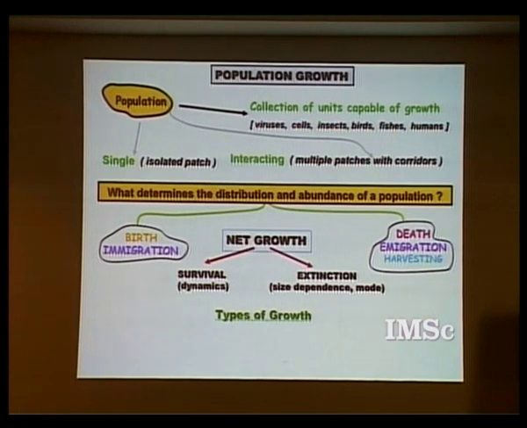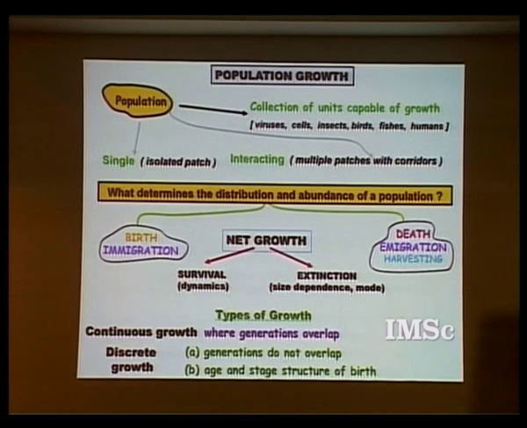Now, before I show you what we do, there are two types of growth that people talk about in ecology. One is continuous growth, which we know more about, because we all live it. You have grandchildren, parents and grandparents coexisting, which is called continuous growth, where generations overlap.